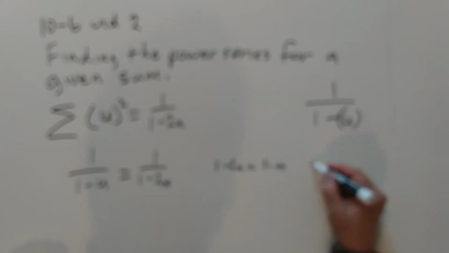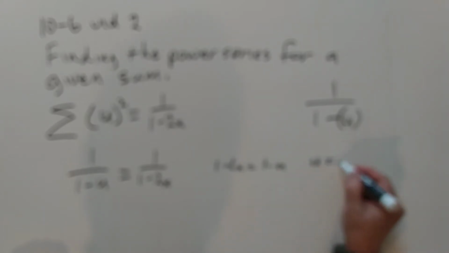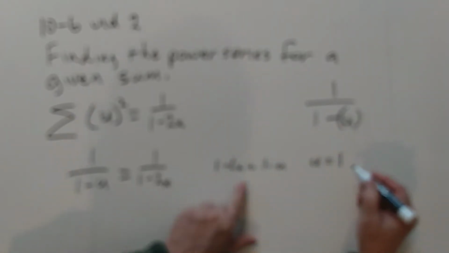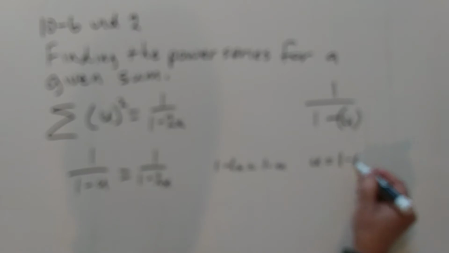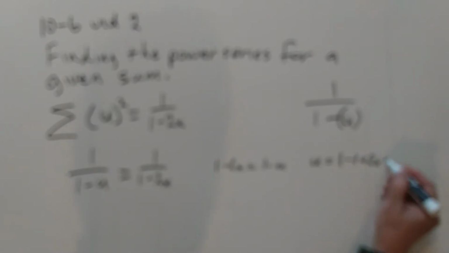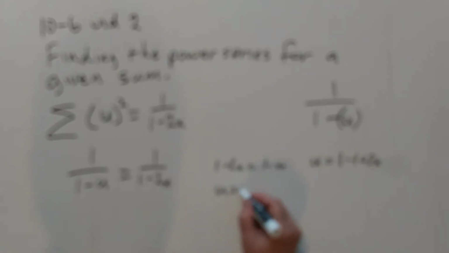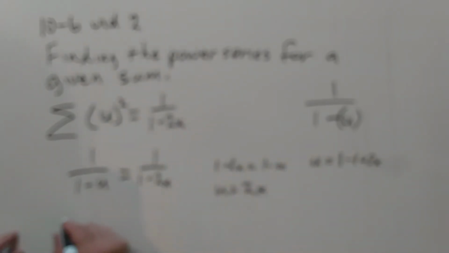Solving, putting the u on the left, positive, and then I have 1, and I'll bring this to the right, minus 1 plus 2x, and so u equals 2x. This then is the sum of 2x to the nth power gives you 1 over 1 minus 2x.